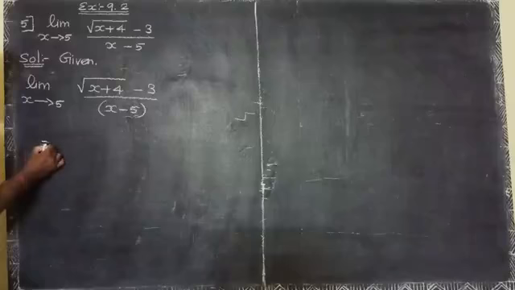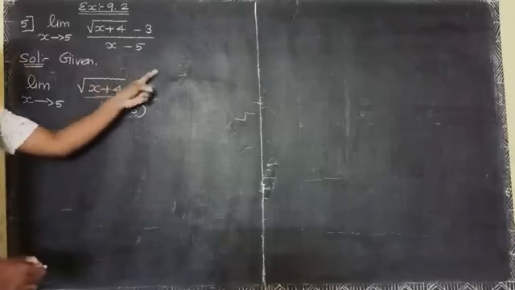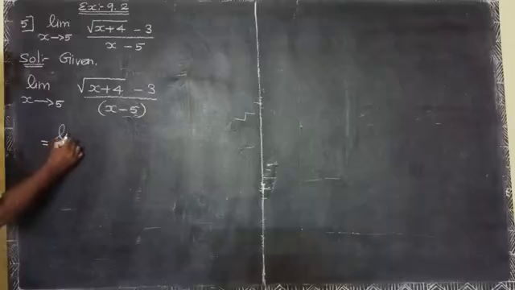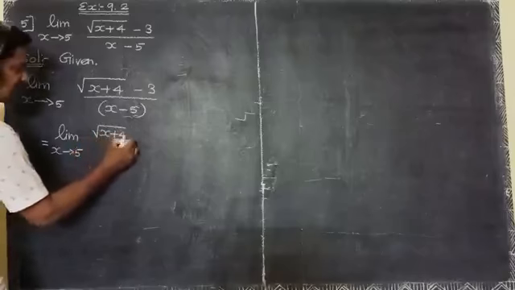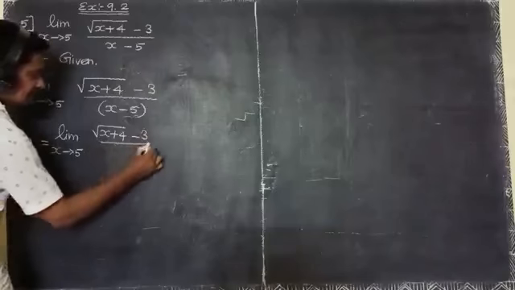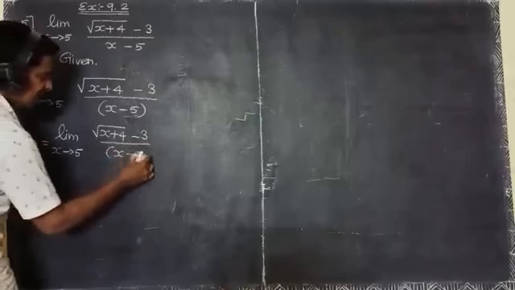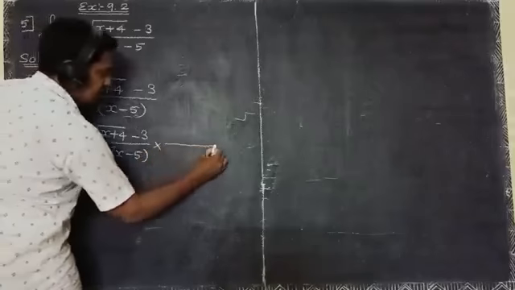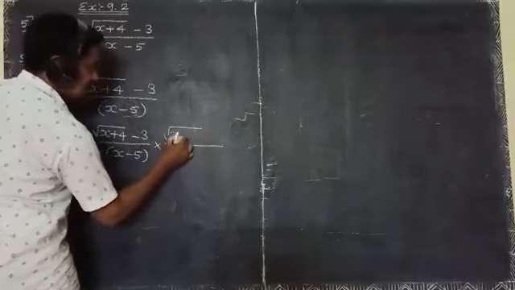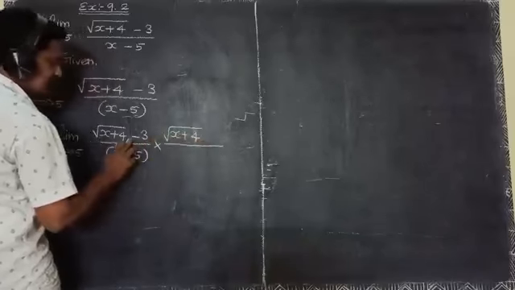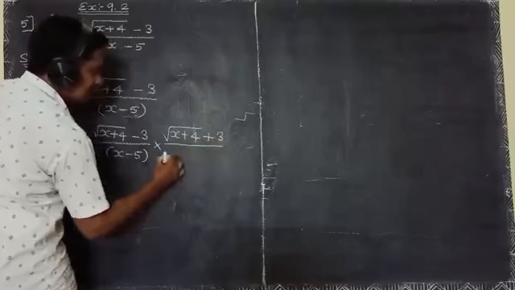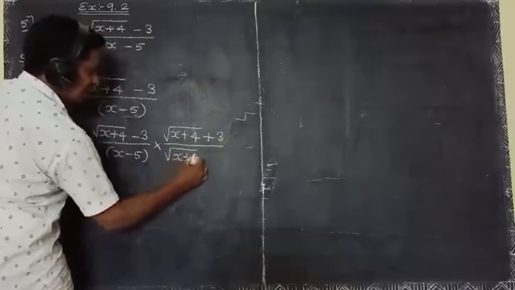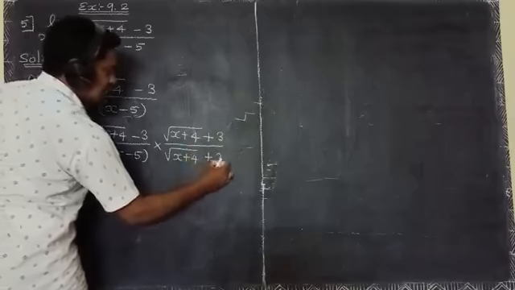Which is equal to, taking the conjugate of the numerator, limit x approaches 5, square root of x plus 4 minus 3 divided by x minus 5, into square root of x plus 4 plus 3 divided by square root of x plus 4 plus 3. Taking the conjugate means the opposite sign.